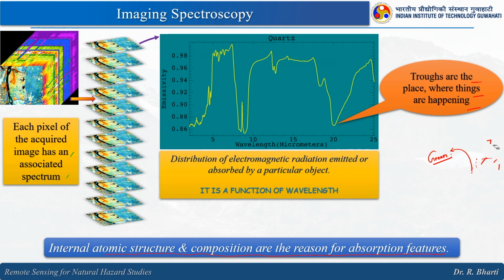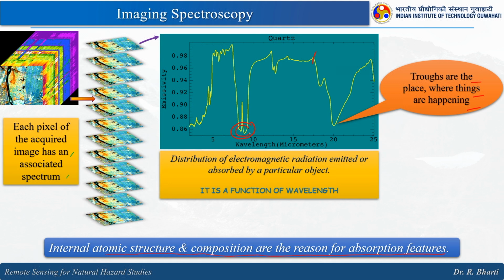So keeping this in mind, you can try to understand that if a particular wavelength is not interacting with the target, it is getting reflected. If it is interacting with the target, that means it is getting absorbed by the target.